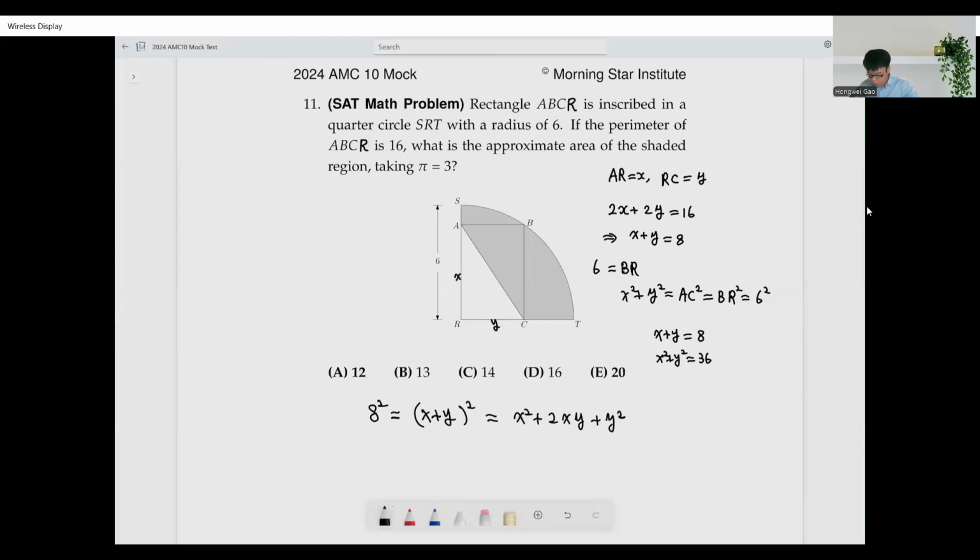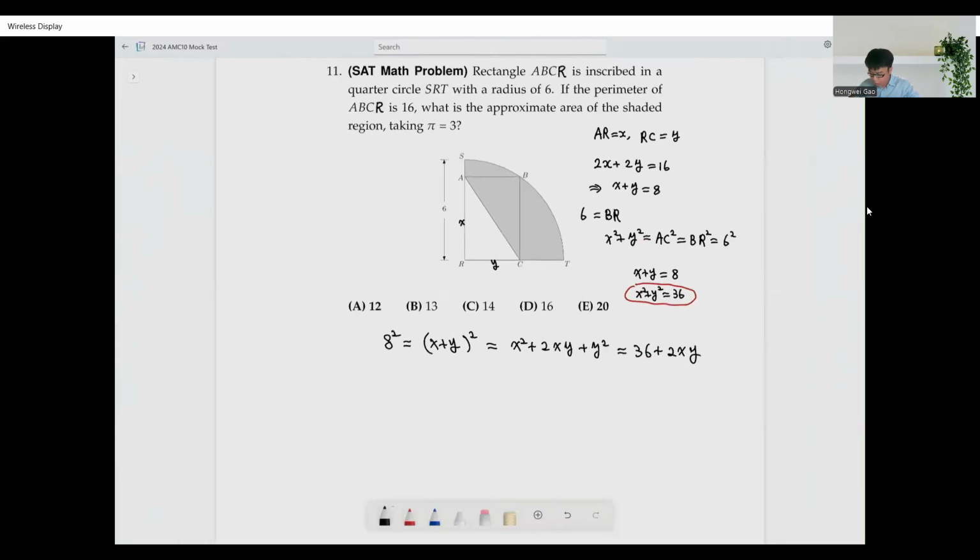On the other hand, we know x squared plus y squared equals 36. So this is equal to 36 plus twice xy. From here, we can solve xy. So x times y is 64 minus 36, divided by 2, which is 14.